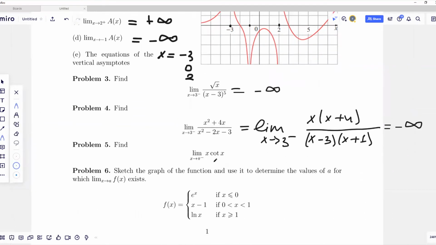All right, next one is x multiplied by cotangent of x. This can be expressed as the limit as x is approaching pi from the left side of x multiplied by cosine of x over sine of x.